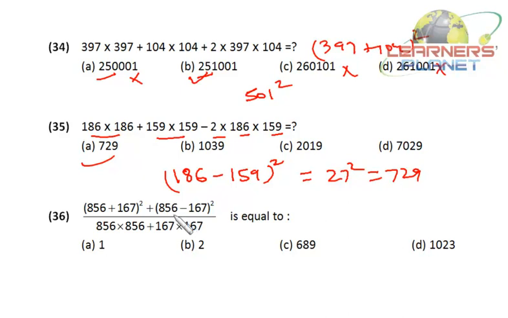So we'll be left with 2 times 856 square plus 167 square. And this 856 square plus 167 square in the numerator will get cancelled from this denominator. So we are left with 2 only. Okay friends, just a simple application of algebraic formulae or algebraic expansions.